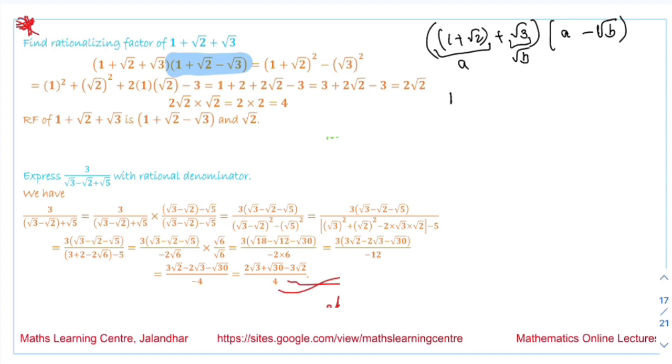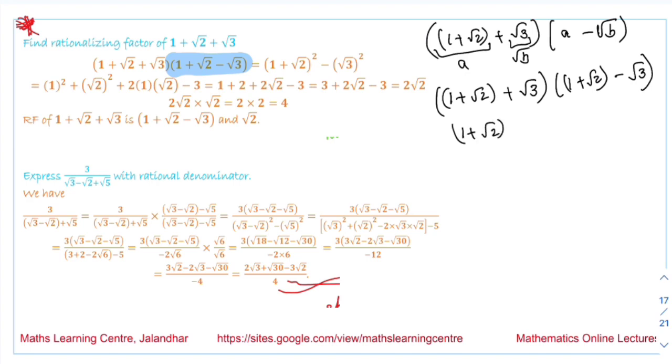So we have used (1 plus square root of 2 plus square root of 3) into (1 plus square root of 2 minus square root of 3). When you solve this, you will get (1 plus square root of 2) square minus (square root of 3) square. When you open this whole square, you will get 1 square plus square root of 2 square plus 2 root 2 minus 3.